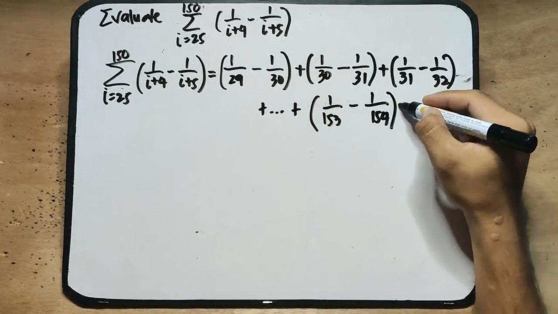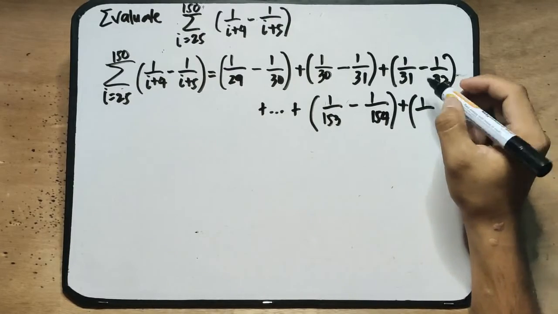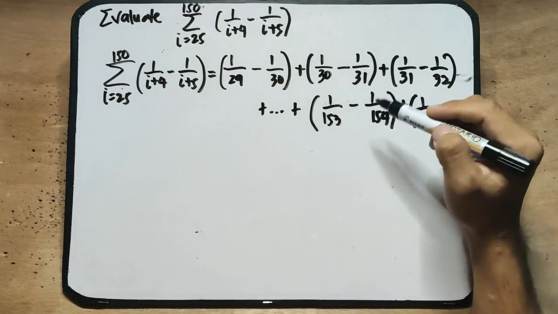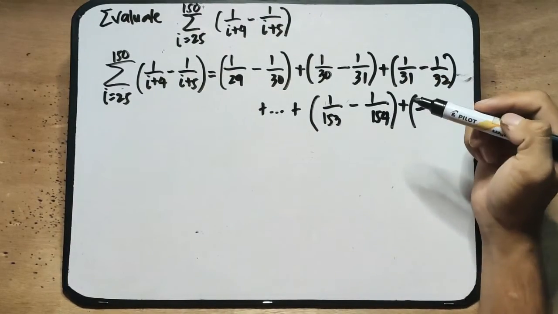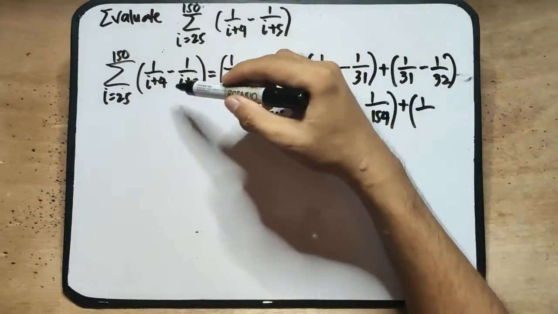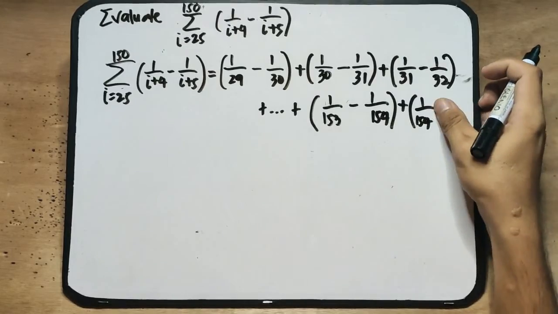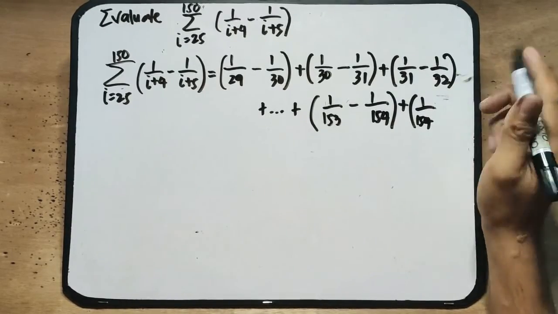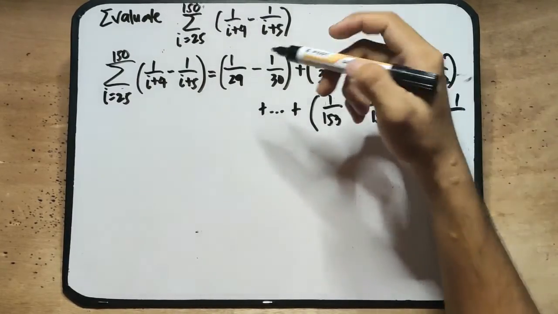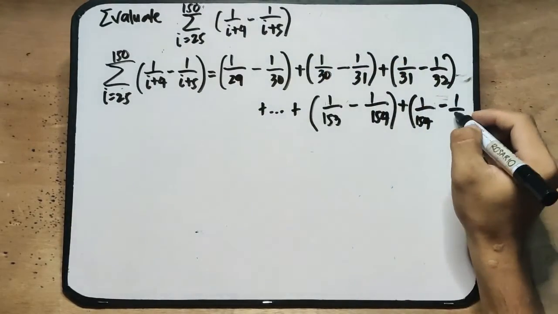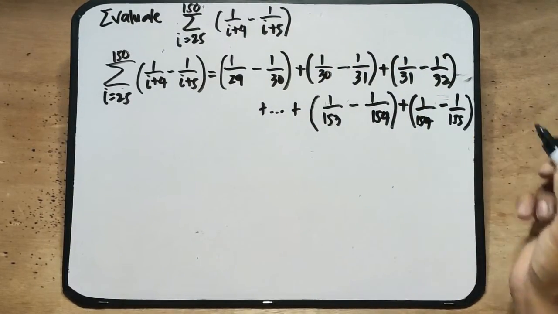And lastly, if I is 150, then 150 plus 4 is 154 minus 150 plus 5 is 155.